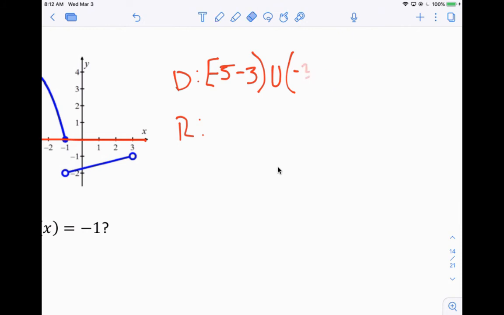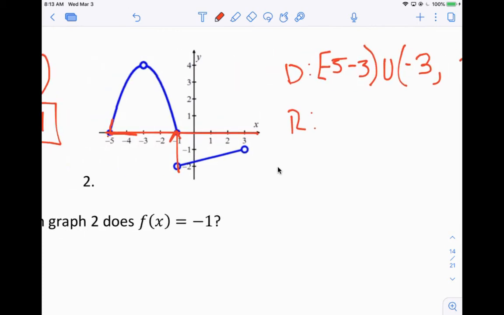So I'm not going to end my interval there. That doesn't make any sense. It goes from -1 and then it just jumps down and actually keeps going to 3, where it doesn't include it. So piecewise functions can be tricky because I have to think about collapsing the whole thing down. If I collapse this piece back here, that doesn't actually stop. It keeps going. And so my interval does not stop there.